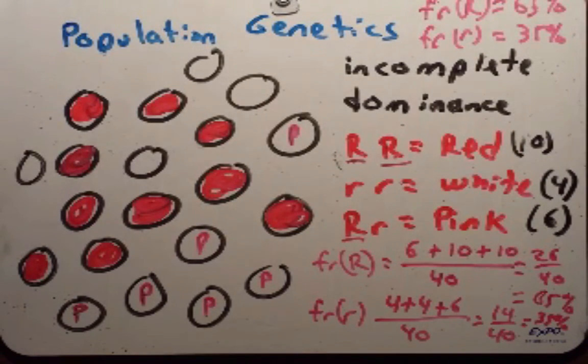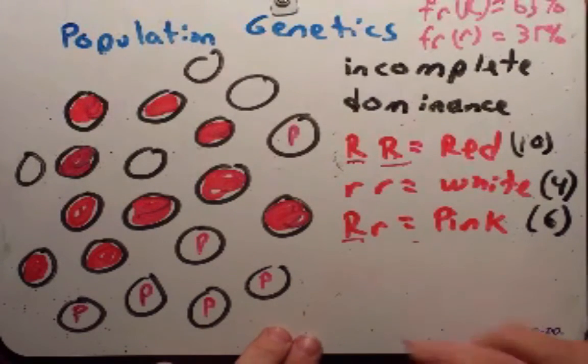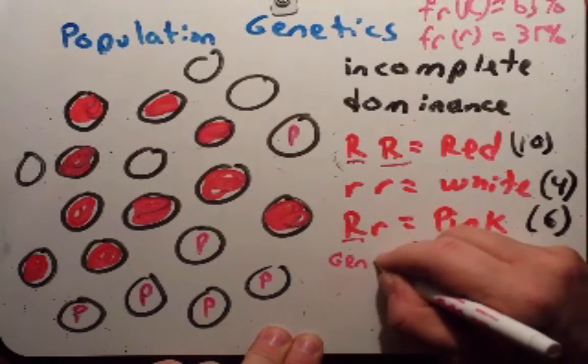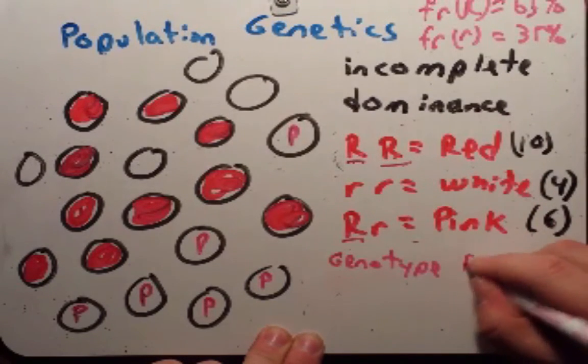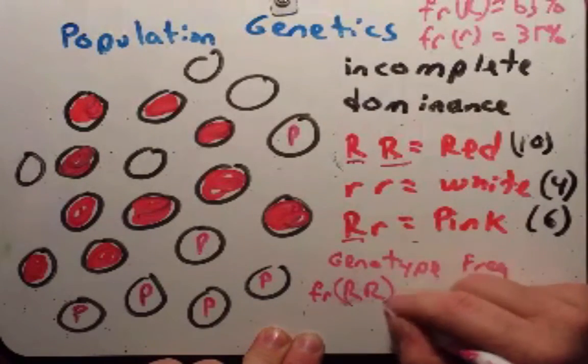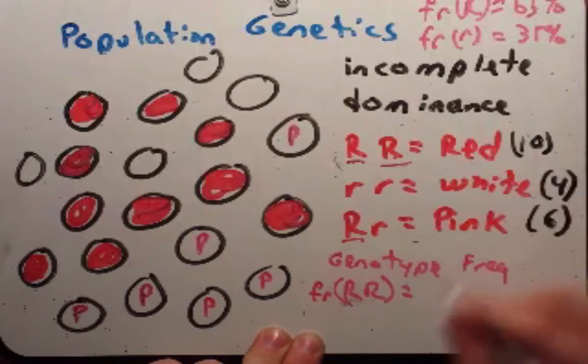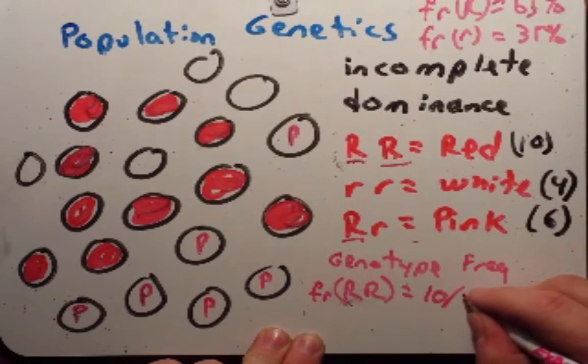Now let's calculate the genotype frequencies. I think these are a little easier because we have all the data we need right here. So we know the frequency of big R, big R is equal to 10, because we have 10 of those individuals, and we divide it by a total number of individuals, 20.